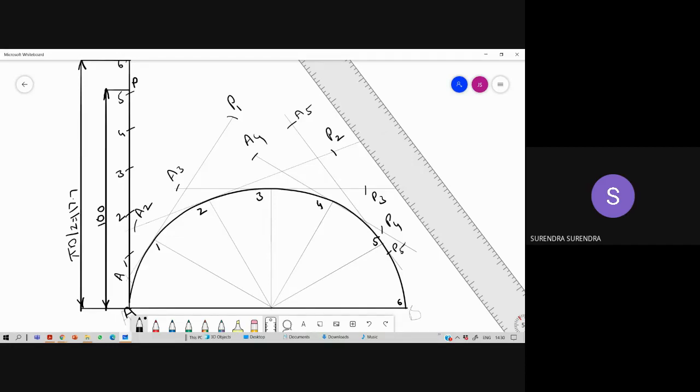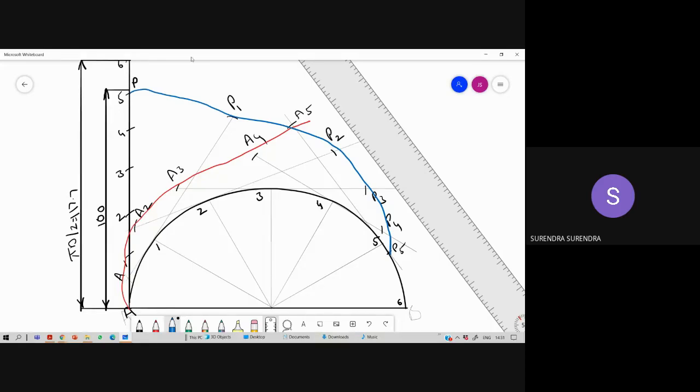P5. Now, draw a smooth curve passing through all the points, starting from A, A1, A2, A3, A4 and A5. And similarly, a smooth curve starting from P, P1, P2, P3, P4, P5, and it should end at the circle.